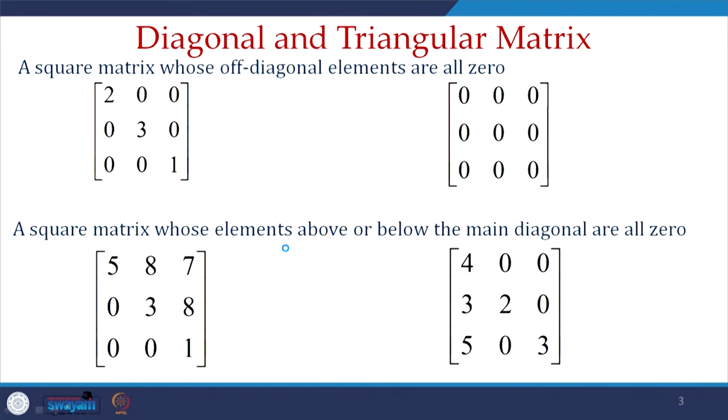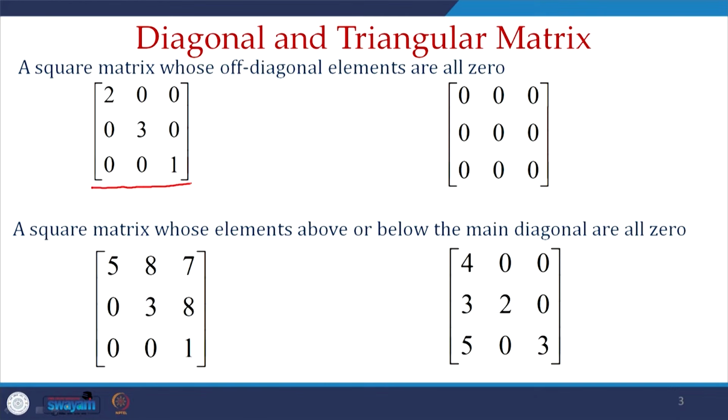Now I will introduce you to some special types of matrices. The first one is the diagonal matrix. In a diagonal matrix all the off-diagonal elements are 0. For example, this is a 3 by 3 diagonal matrix. These are the diagonal elements, for which i equals j, that is A11, A22, A33, and all the others are off-diagonal elements.